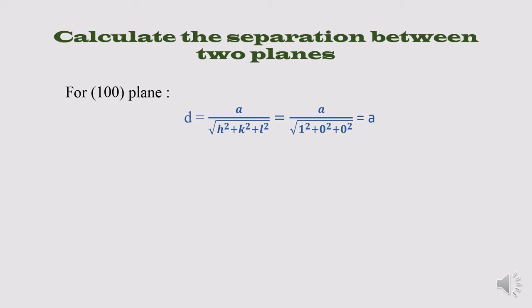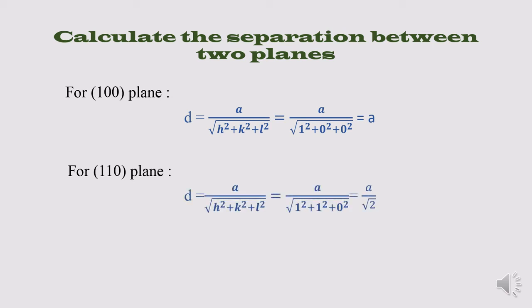Right? In similar manner, we can again consider two 110 planes. Okay. So, what is the separation between the two 110 planes? That is D equal to A divided by root over 1 square plus 1 square plus 0 square, that is equal to A divided by root 2, where h equal to 1, k equal to 1 and l equal to 0. Right?